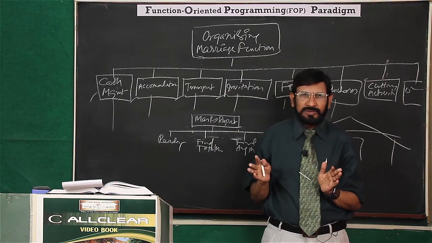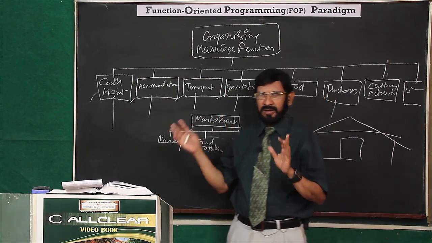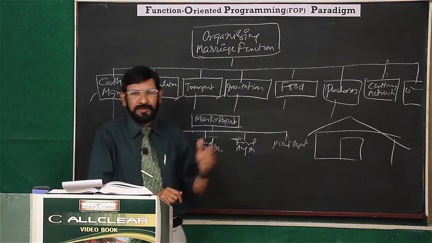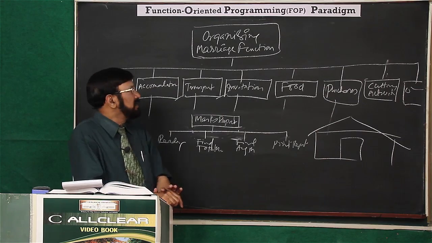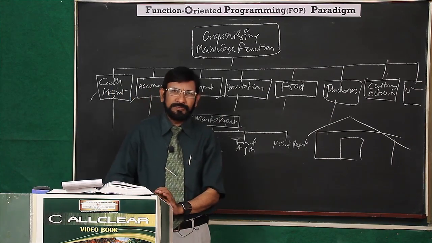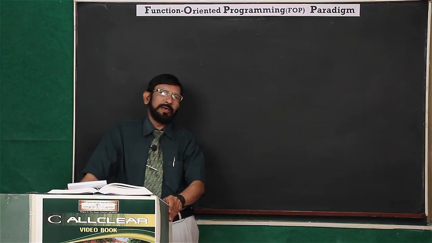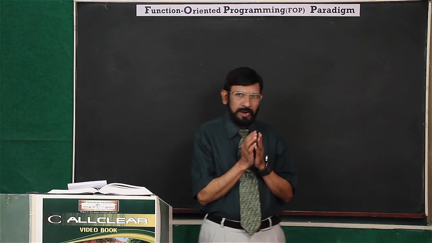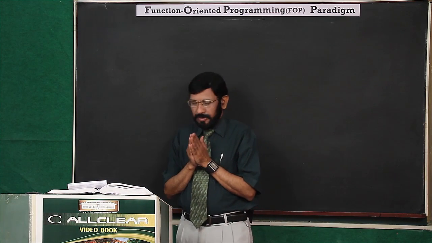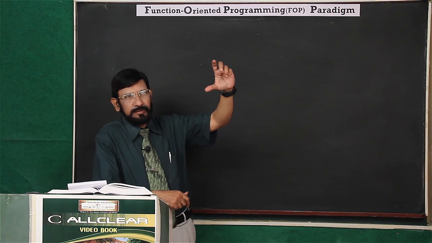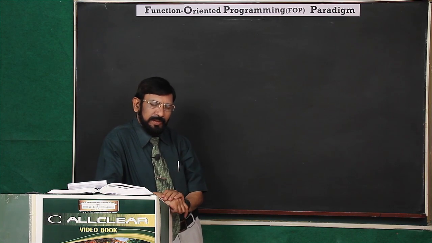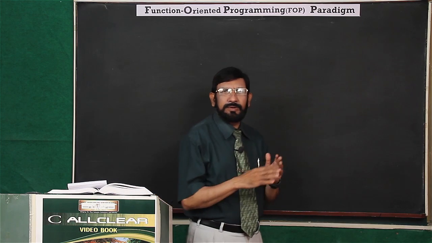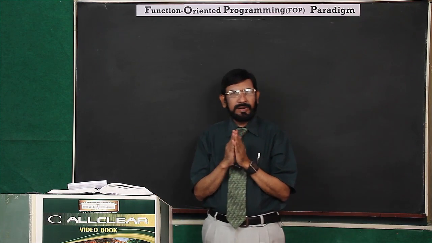Understand? This is the technique in the top-down modular approach. With the help of the top-down modular approach, we can dissect a main task into subtasks. Then design-wise, we can get 100% clarity.